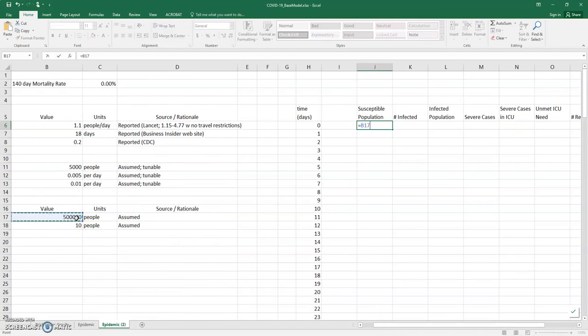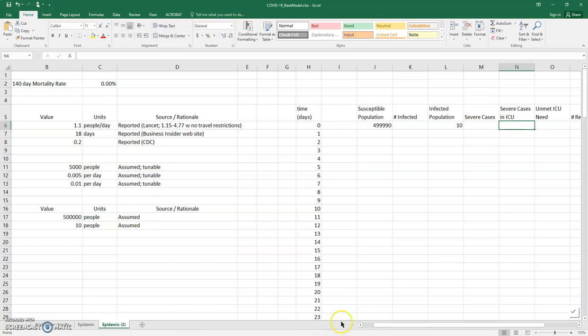If there's 500,000 people in the population, in the susceptible population overall, and 10 of them have it, the difference between those two is just 10 fewer. And so the number of people who have yet to get the disease, in a sense, is that. The infected population is just equal to the starting number of infected individuals.